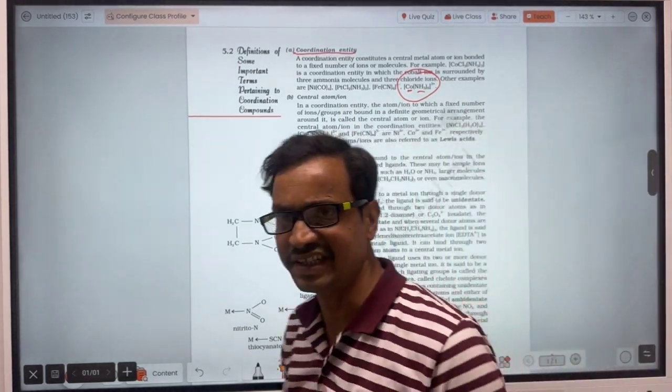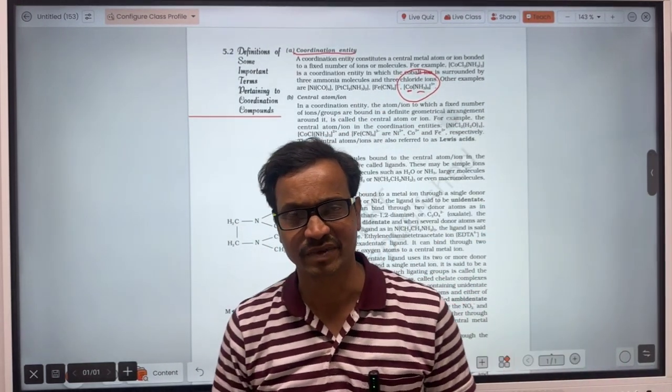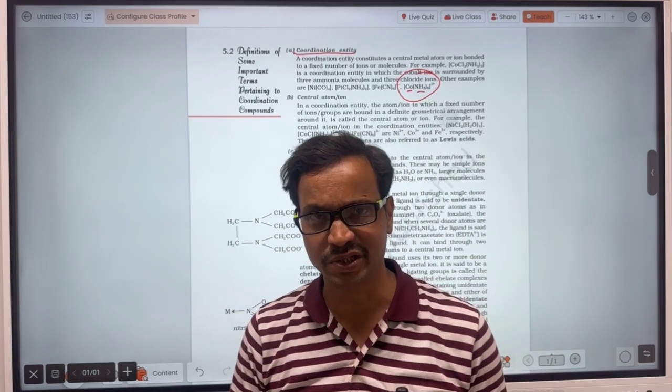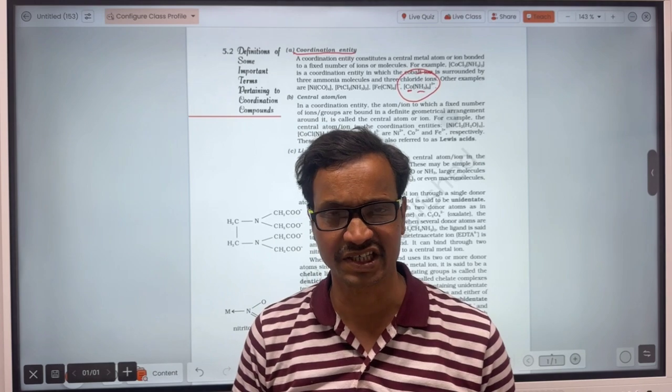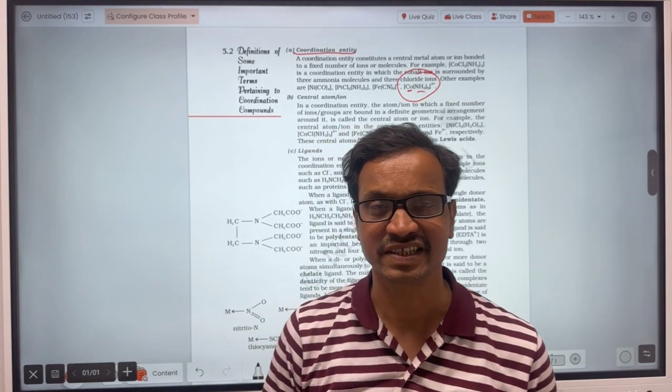So the central atom along with the molecules or ions surrounding them are collectively called a coordination entity.